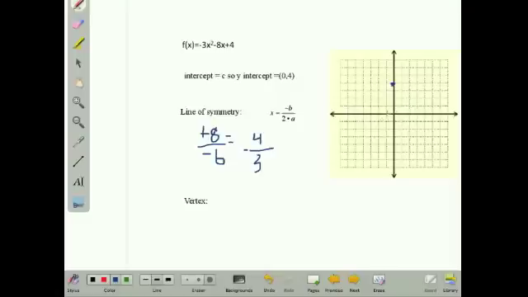So negative 1 goes to the left 1 unit and then a third more over, and we draw our line of symmetry going down. So I know that this is 1 1/3 units from my line of symmetry, so I can move this over another 1 1/3 and it's going to have another point there.